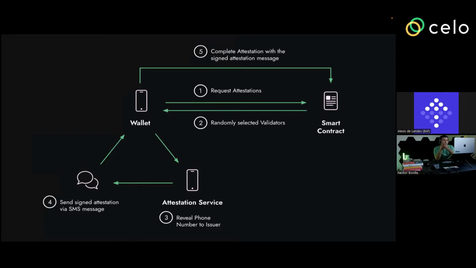And the reason is that in order to validate that that wallet owns that phone number, a set of codes are going to be shared to that attestation through SMS, right? And then a couple of SMS are going to be sent to that phone number, and you are going to receive that in your phone. So basically, in order to start the process, you are signing that transaction with your private key.